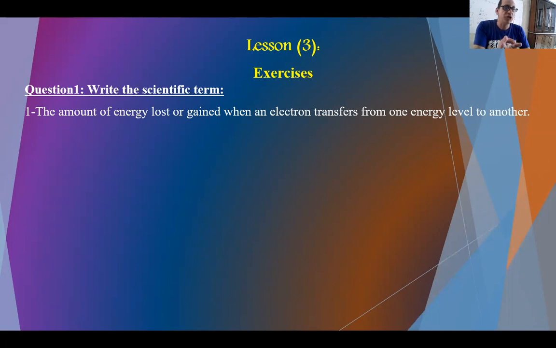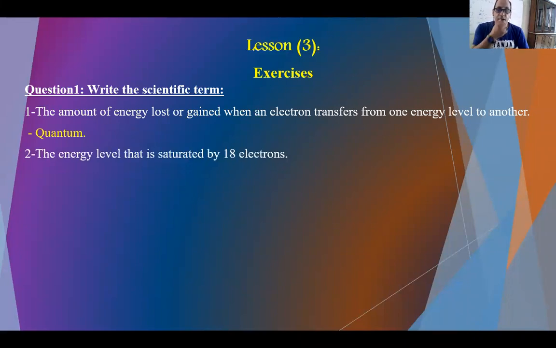What is the energy which this electron is supposed to gain or lose? It's called quantum energy. So if I get quantum energy, I will transfer to a higher energy level. If I lose quantum energy, I will transfer to a lower energy level. So it's a transfer between energy levels inside the atoms.